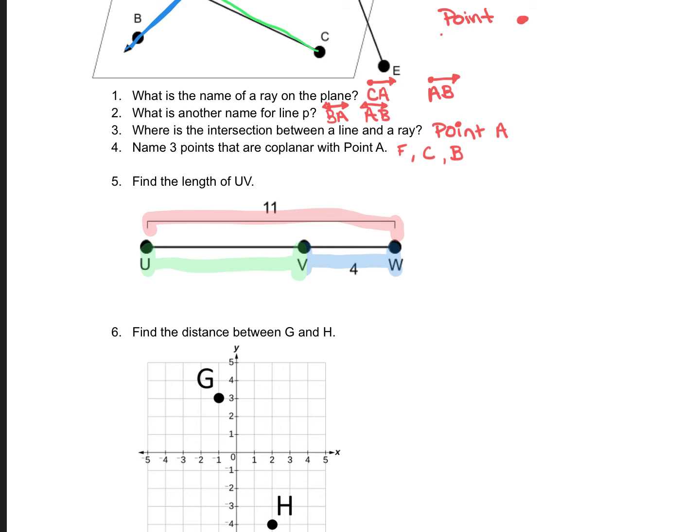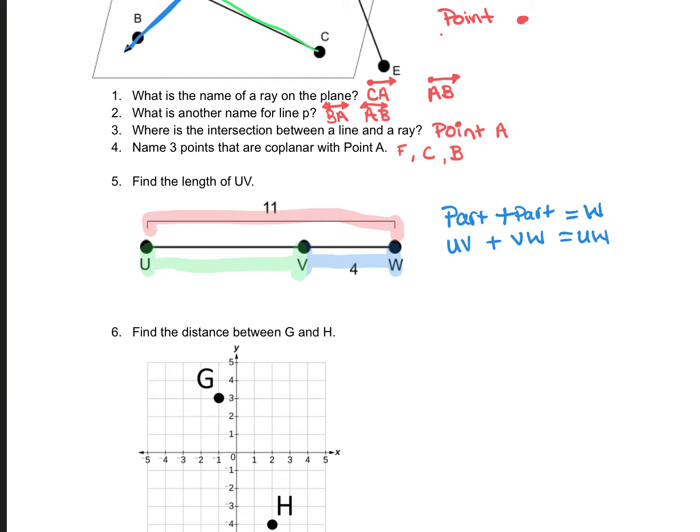If I begin to do this, I'm going to realize that this is a part plus part equals whole question, which is the segment addition postulate. I need to ask myself, what's my first part? My first part is represented by UV, plus VW, which is my second part, and it equals my whole thing, which is UW.